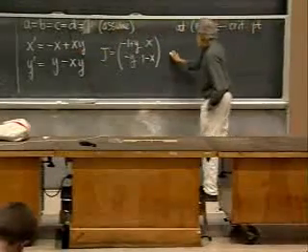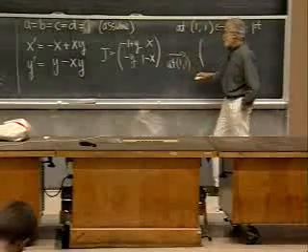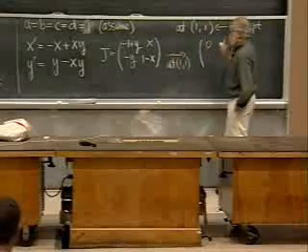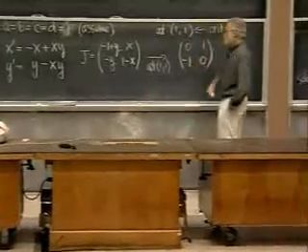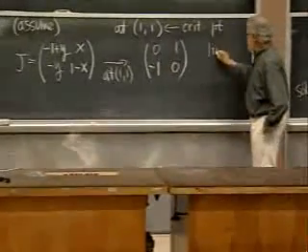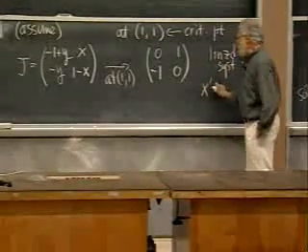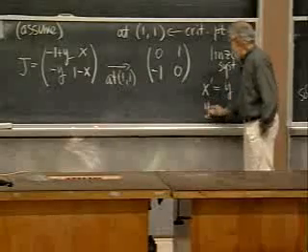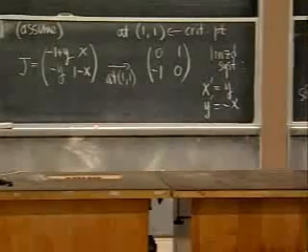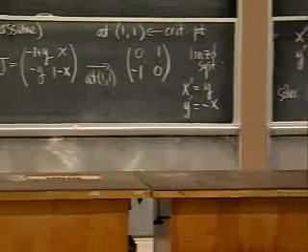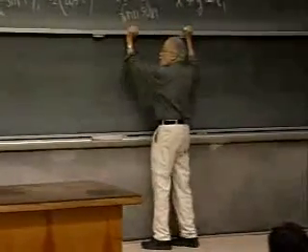And when I do that, evaluating it at 1, 1, I get what matrix? Well, I get 0, 1, negative 1, 0. In other words, the linearized system is x prime equals y, and y prime equals negative x. Well, that's just the one we analyzed before, the one whose solutions are circles.